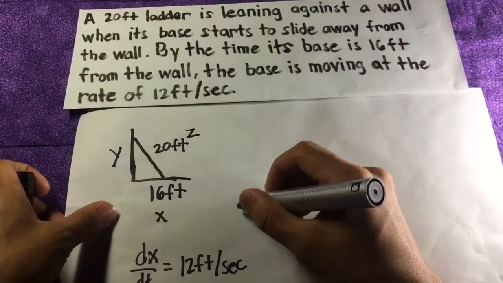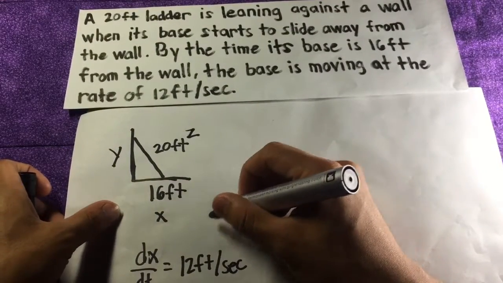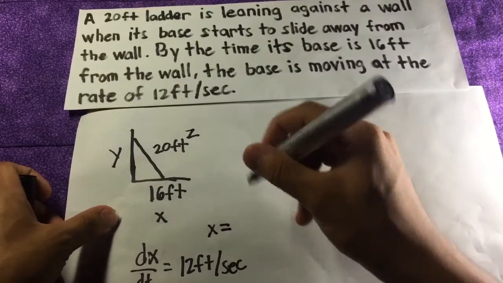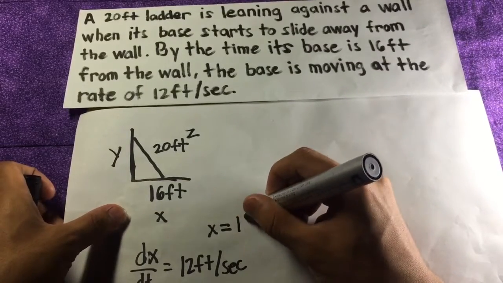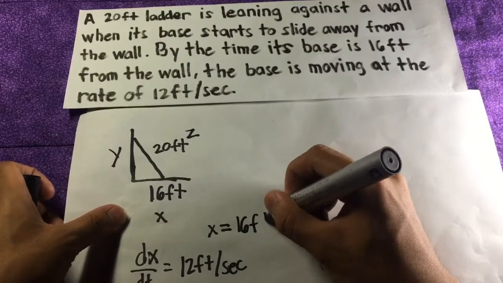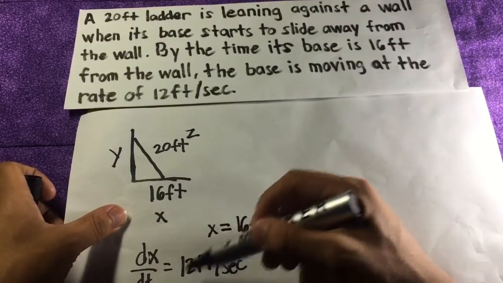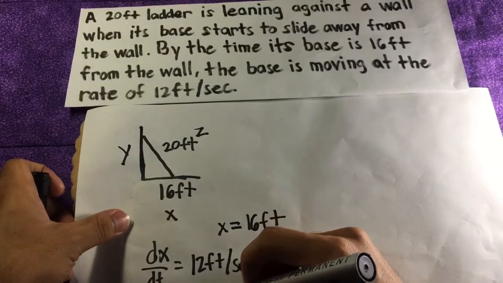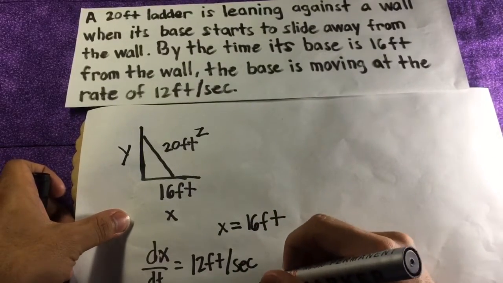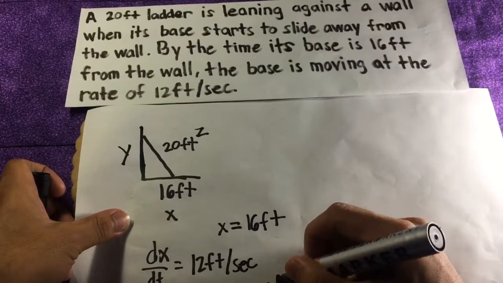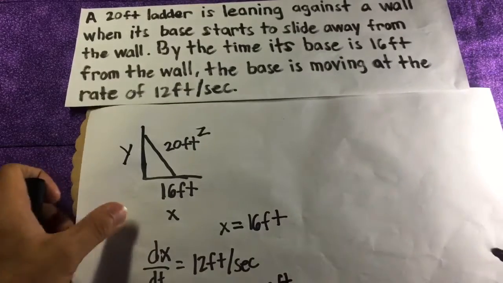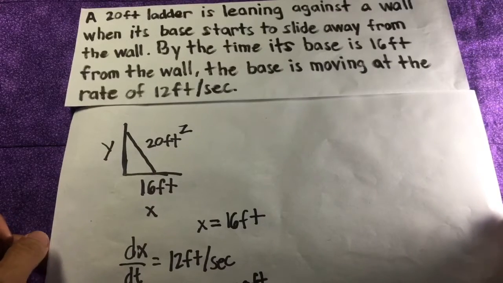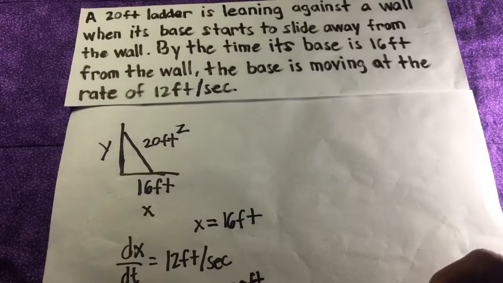So our x is equal to 16 feet, our dx dt is 12 feet, and our z is constant, that is 20 feet. So with this, we can proceed now to our first question.